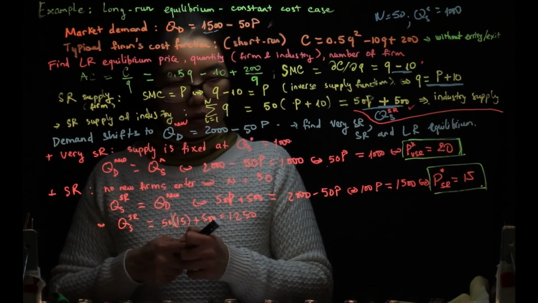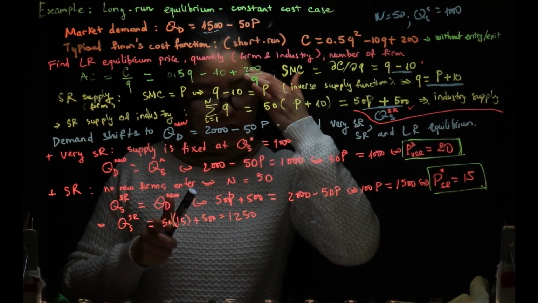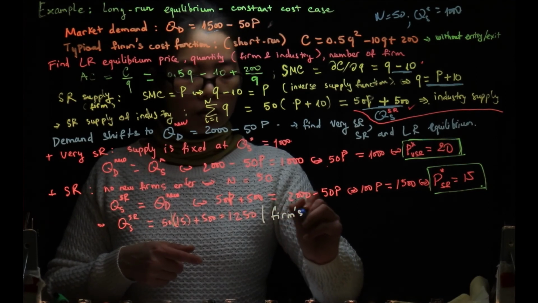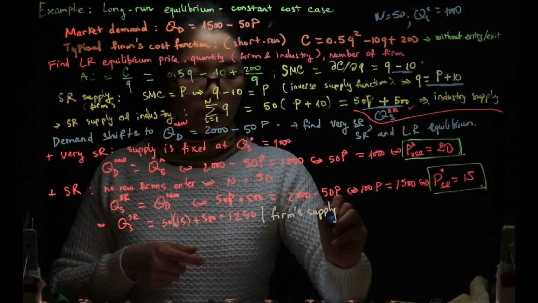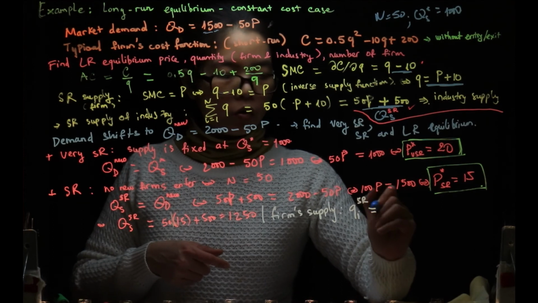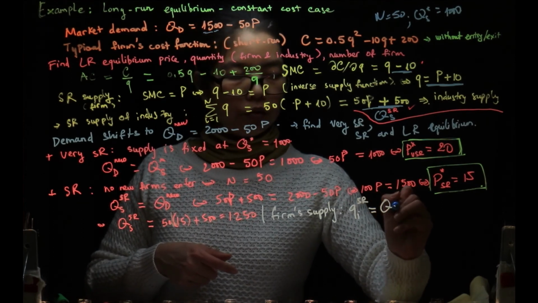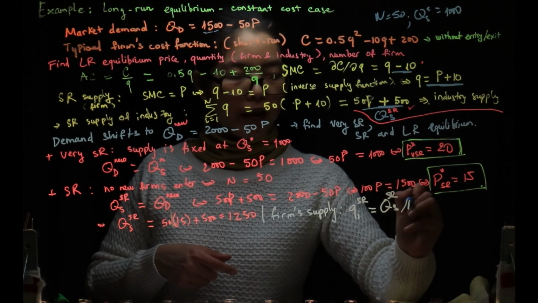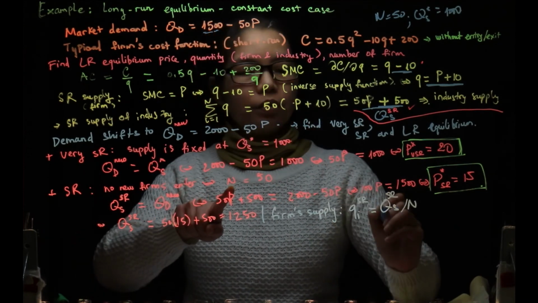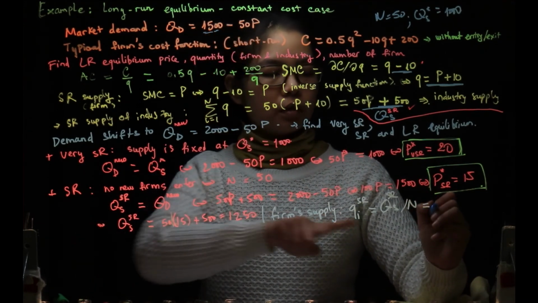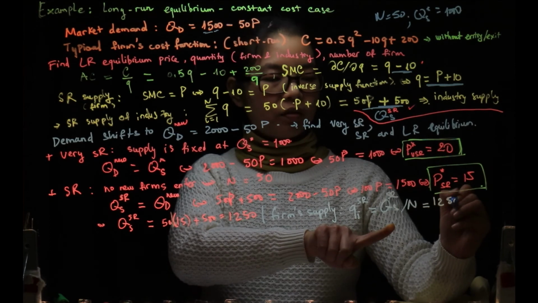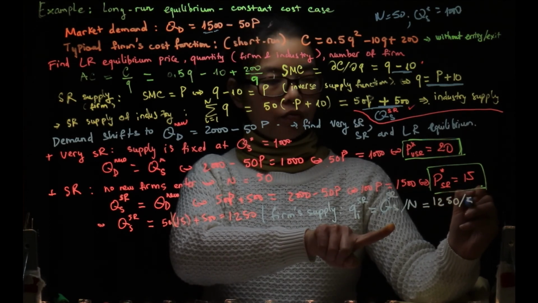The next thing we would do is firm supply. So q short run would be QS short run divided by N, and N stays the same, right? 50. So that means here is 1250 divided by 50.